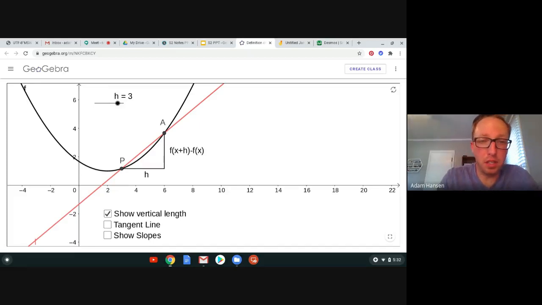For our distance h from point x, adding on h, this would be point x plus h. The vertical length would be the difference between the outputs at f of x and at f of x plus h.